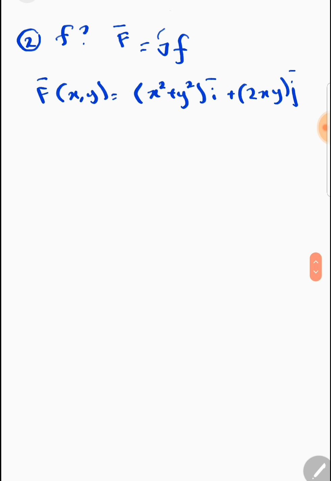And if you recall, gradient basically is my d over dx, d over dy, and d over dz. In this case, I only have the x and y component, alright? So it's fair for me to say that my df over dx is actually equivalent to x squared plus y squared, right? So this is actually my df over dx, this is df over dy, alright?